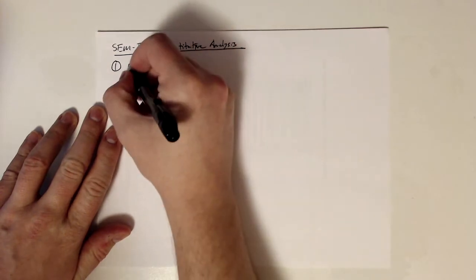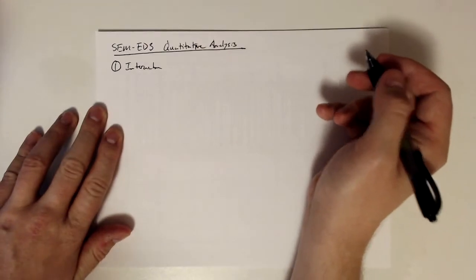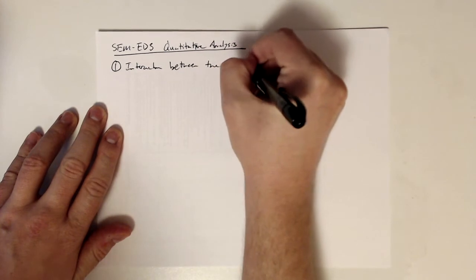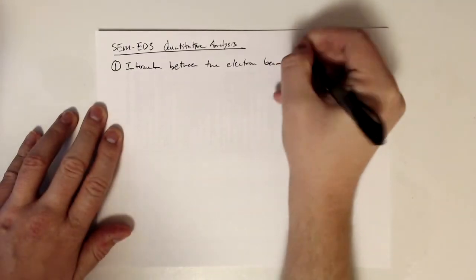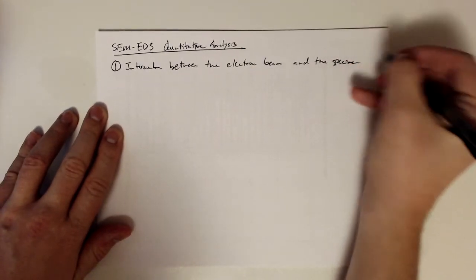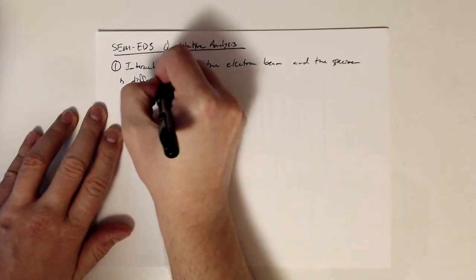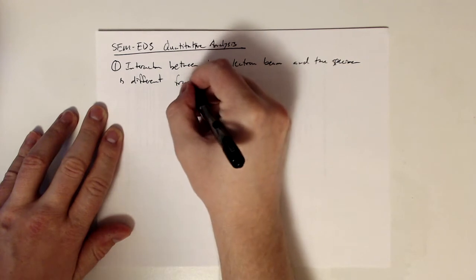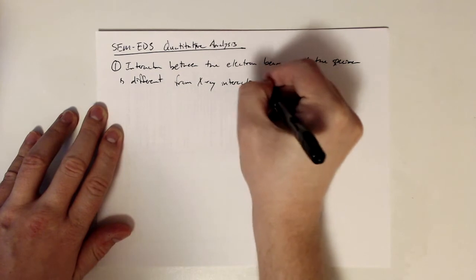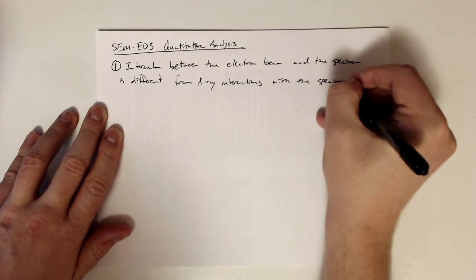First, the interaction between the beam and the specimen is different, because it's an electron beam. So that's the first one.